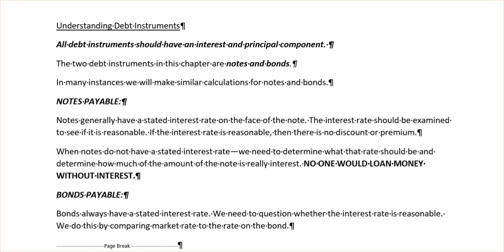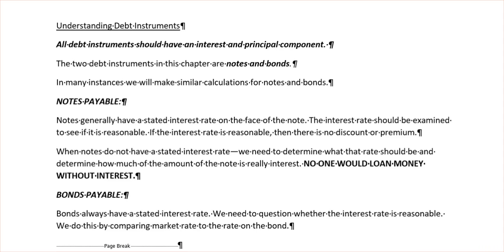So under the next page on understanding debt interest instruments, we are also talking about financial instruments or financial liabilities. All of these should have an interest and a principal component. And as we did in the previous module, we recognize that at times we have a discount, and at times we have things that do not bear interest.